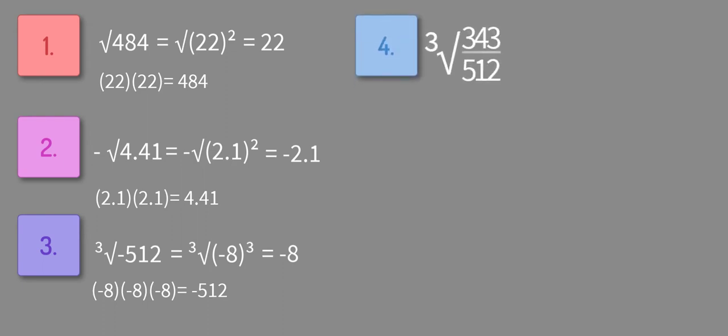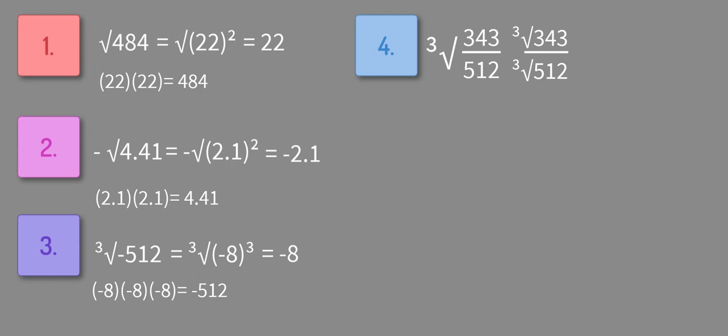All right, with number 4, we have a fraction. We're looking at the cube root of 343 divided by 512. Well, 512 we just did in the last problem. So the simplest way to do this, and we will learn this eventually, is that this equals the cube root of 343 over the cube root of 512. Just a different way of looking at this that I think simplifies it. When you have the cube root of a fraction, or square root of a fraction, you can take the radical for the top and the radical for the bottom.